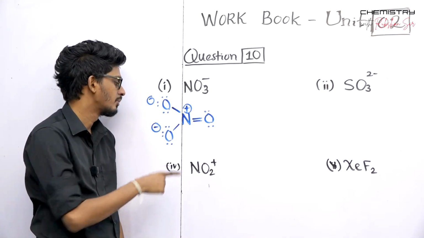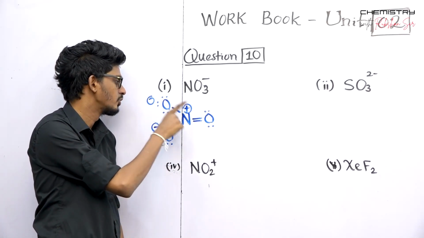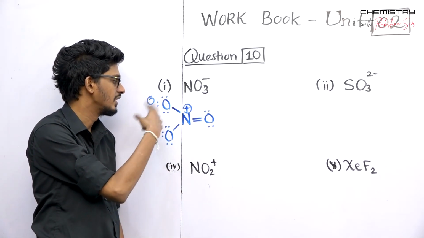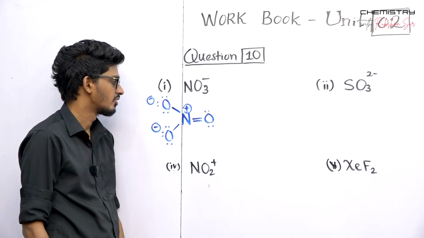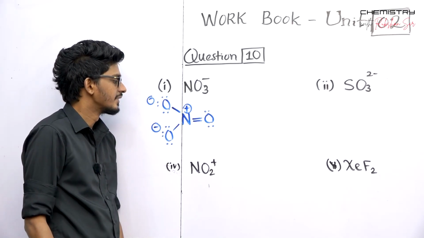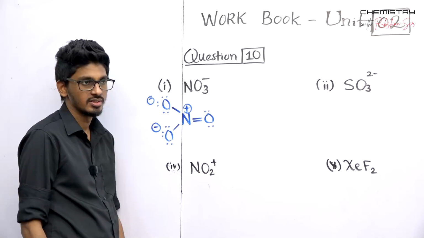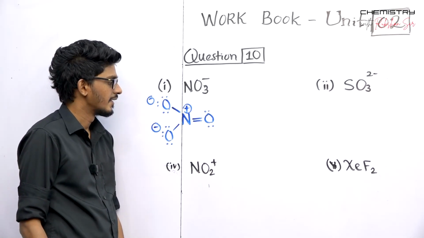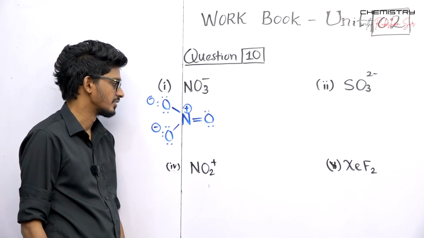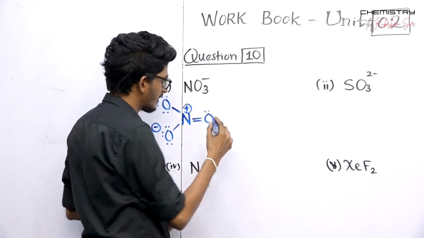Or one can draw the double bond here and come up with these two oxygens as minus. So there are three structures of equal stability available for the NO3 minus as Lewis structures, resonance structures. So we have to think of the resonance hybrid, which gives you the properties of existing NO3 minus in nature, right? So we have to consider the resonance hybrid.